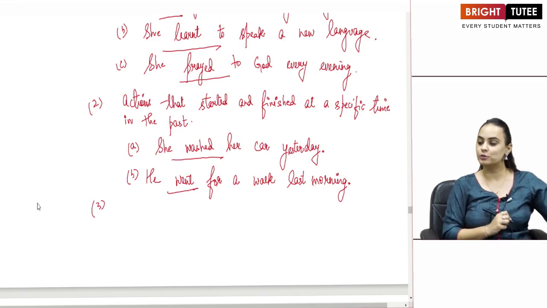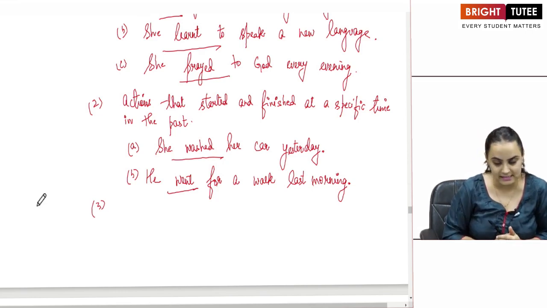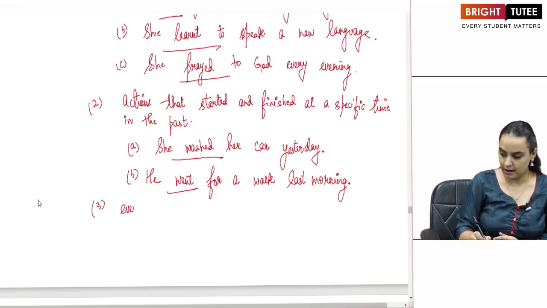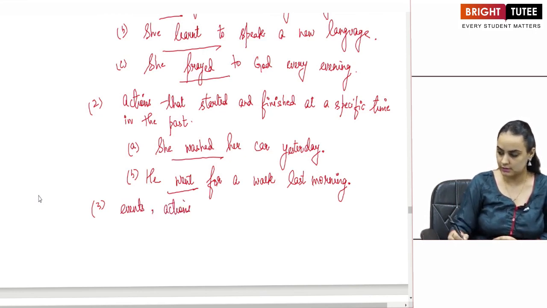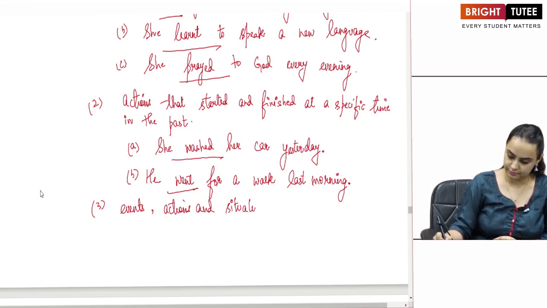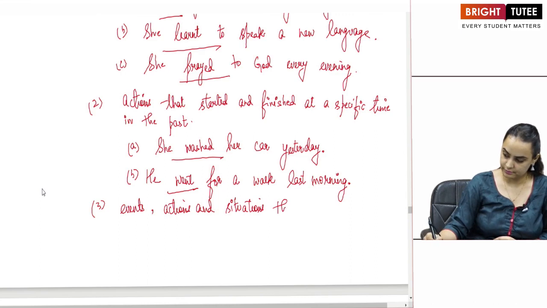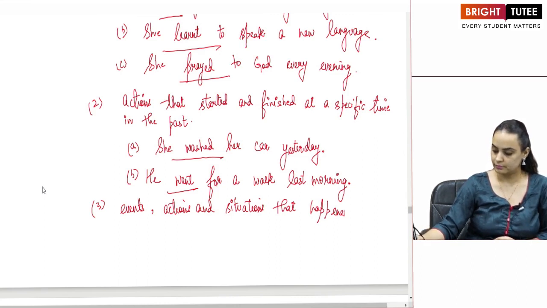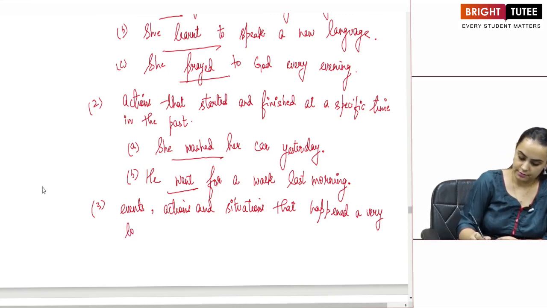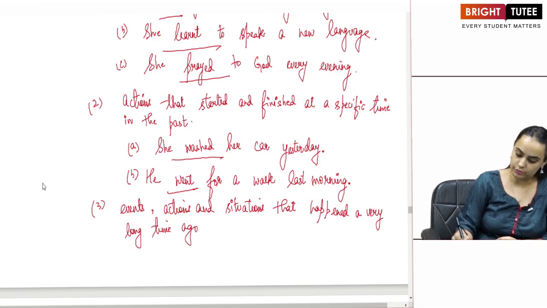Now next use of the simple past tense is to talk about some events, actions and situations that happened a very long time ago.